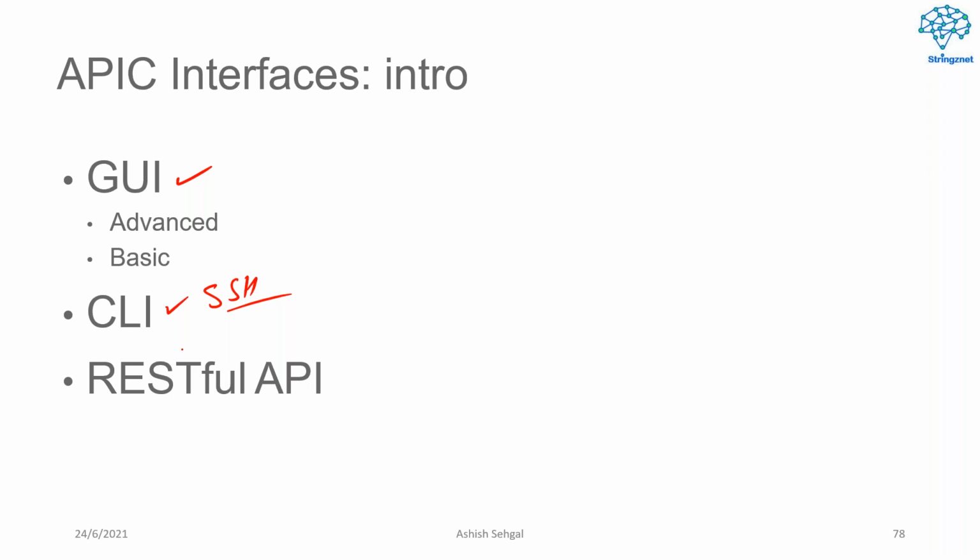Not only this, you can use RESTful APIs, application programming interface, REST stands for representational state transfer, which connect your APIC controller and the fabric with scripting languages like Python, Ansible, Postman, etc.